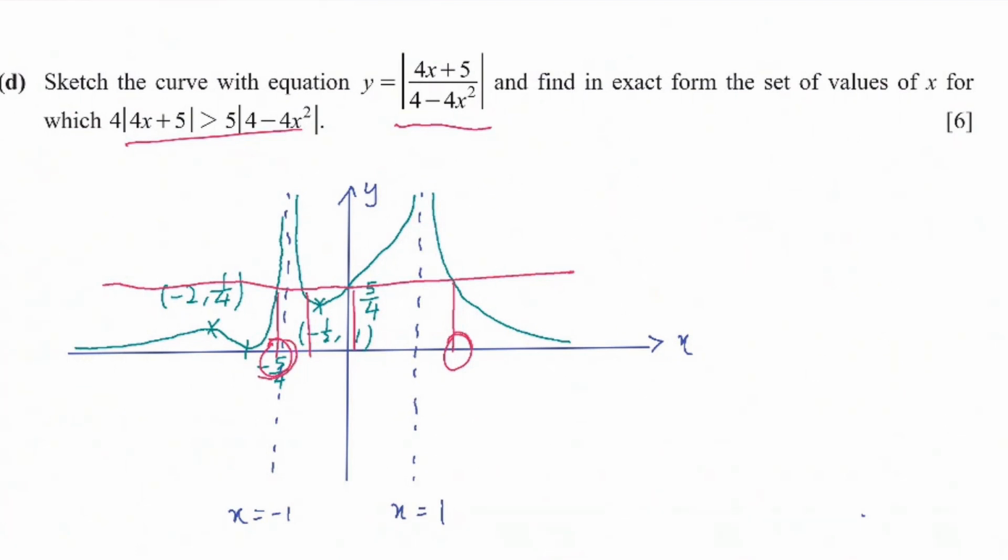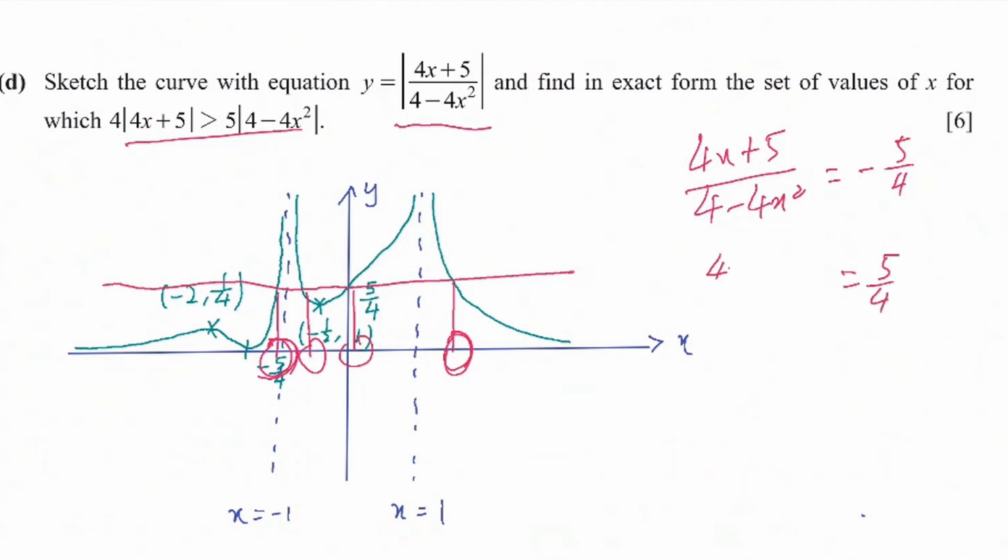So these two values are obtained by solving 4x plus 5 over 4 minus 4x squared equals negative 5/4, because it is reflected. So when we want to solve this, we need to use the negative of it. Whereas the middle two values are obtained when we solve the equation equals 5/4.